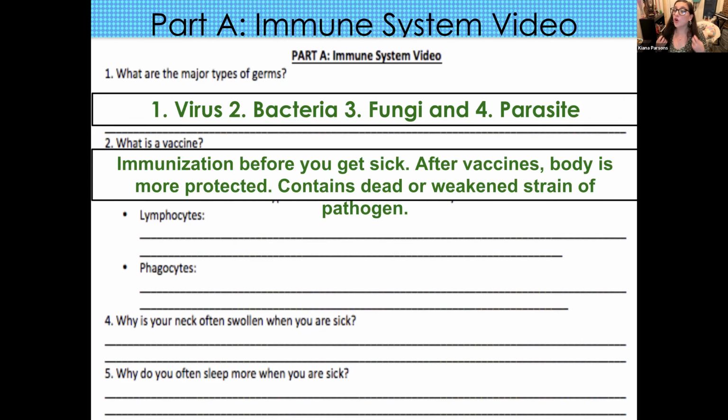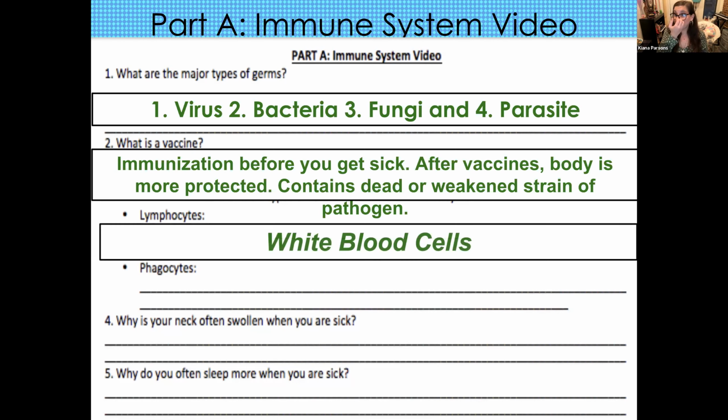We talked a little bit about the COVID-19 vaccine last week, but within the vaccine, there is a dead or weakened strain of the pathogen so that your immune system is able to learn the chemical signature of that pathogen, usually with help of the antigen. So if you ever encounter that virus or bacteria, that pathogen ever again, your immune system is prepared to fight it. It already has the antibodies to fight it, and it will prevent you from getting sick.